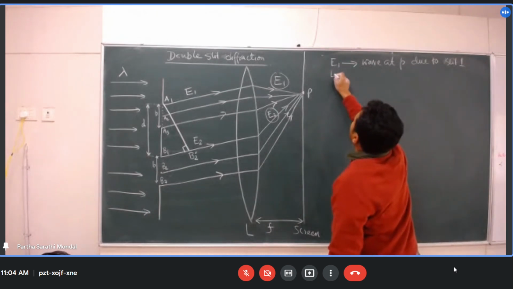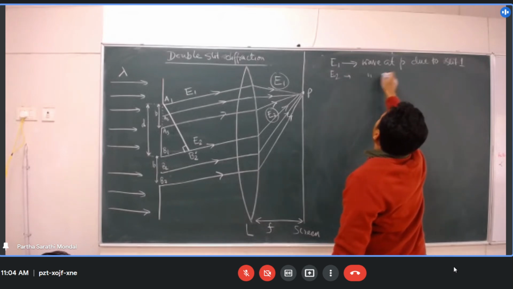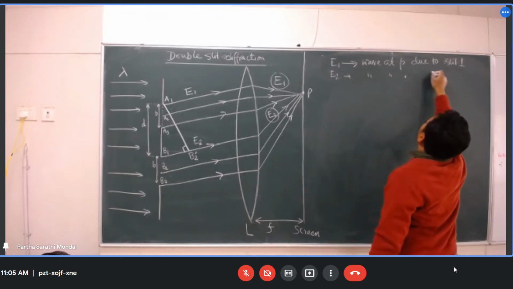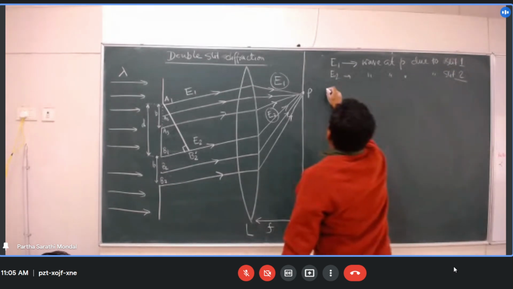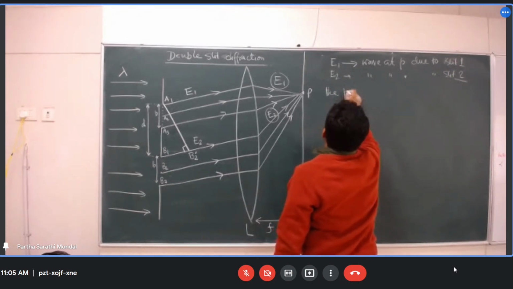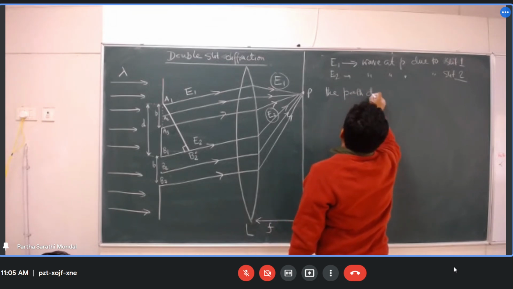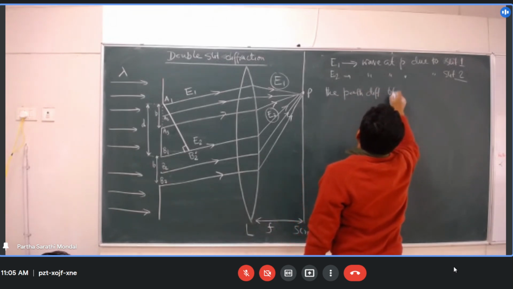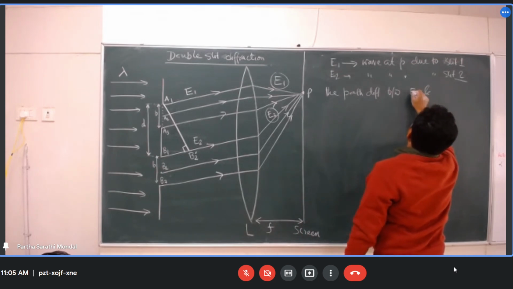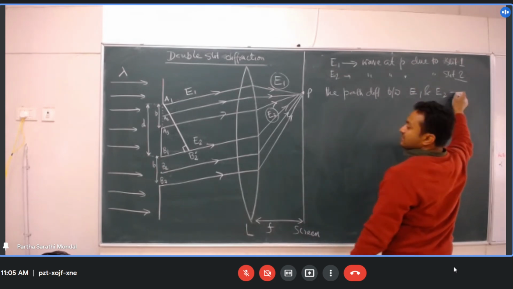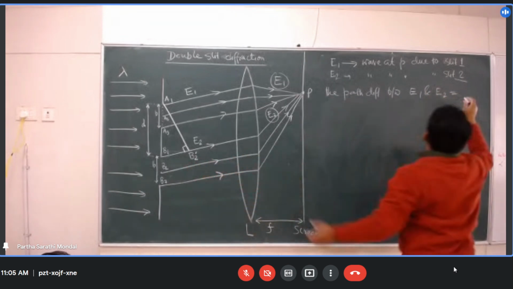Similarly, E2 is the wave at P due to slit 2. Now we know that the path difference between E1 and E2 ये कितना है? तो this is B2 dot.